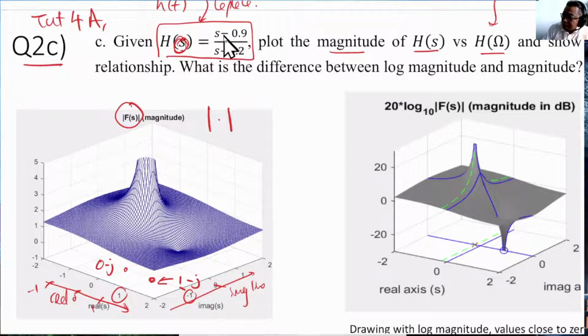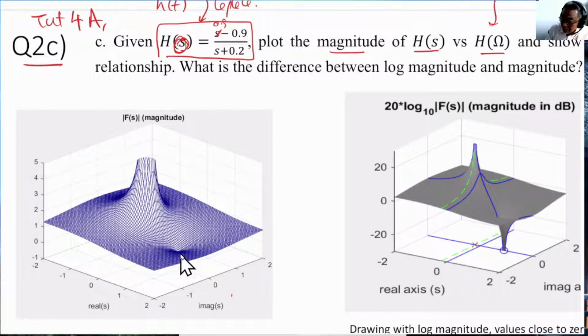Now something very exciting happens when s is equal to 0.9. When s is equal to 0.9 real, then the numerator becomes 0. So where is the value s equals 0.9? It is here, 0.9, and we are interested in j equals 0.